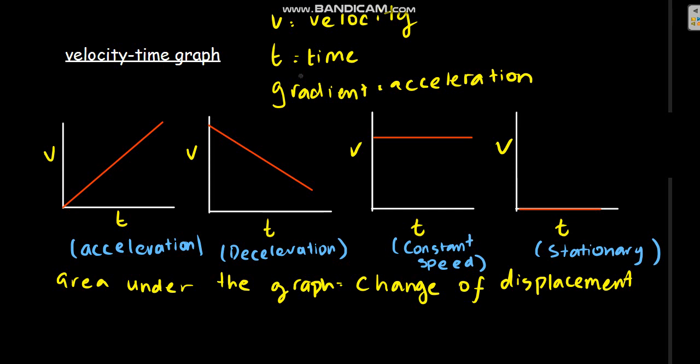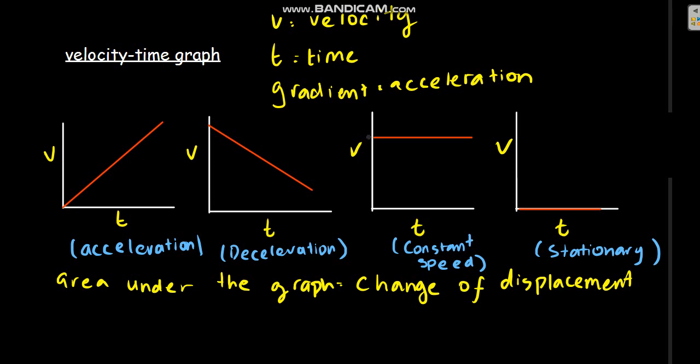If you're not familiar with the velocity-time graph, you can see here that the gradient of the slope represents acceleration, the y-axis represents velocity, and the x-axis represents time. This is what it looks like when it accelerates, but when it decelerates or slows down, the slope is going to go down.